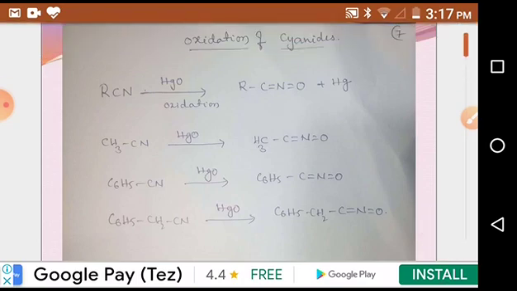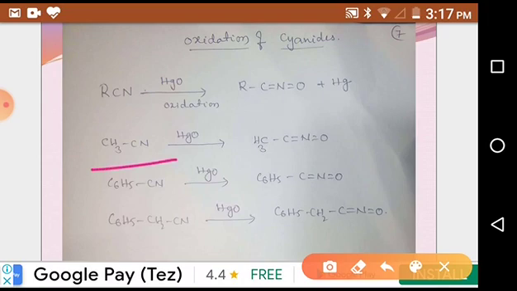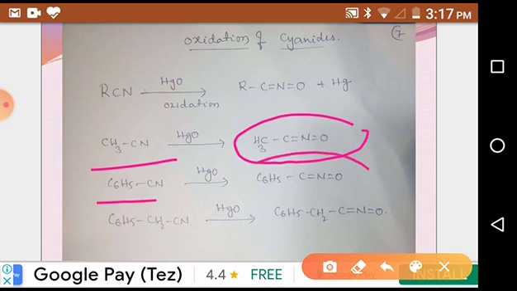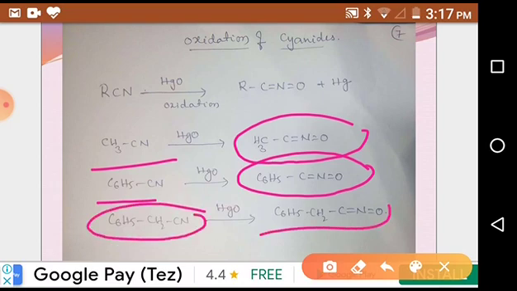For example, if you take methyl cyanide or acetonitrile, we get methyl cyanate. The same reaction with phenyl cyanide gives phenyl cyanate. With benzyl cyanide, this type of compound is formed.